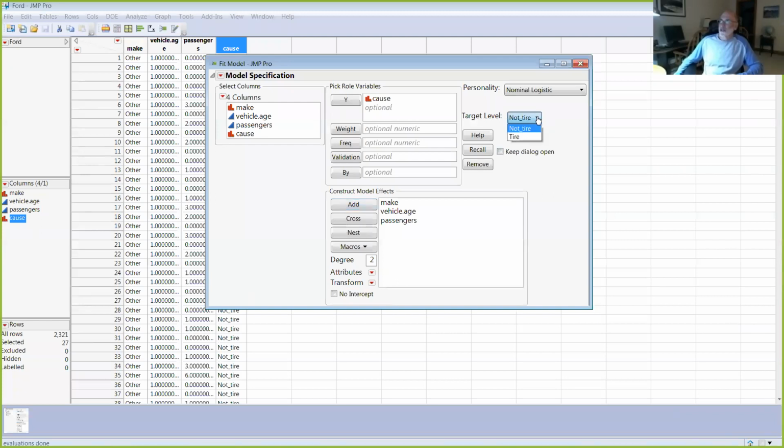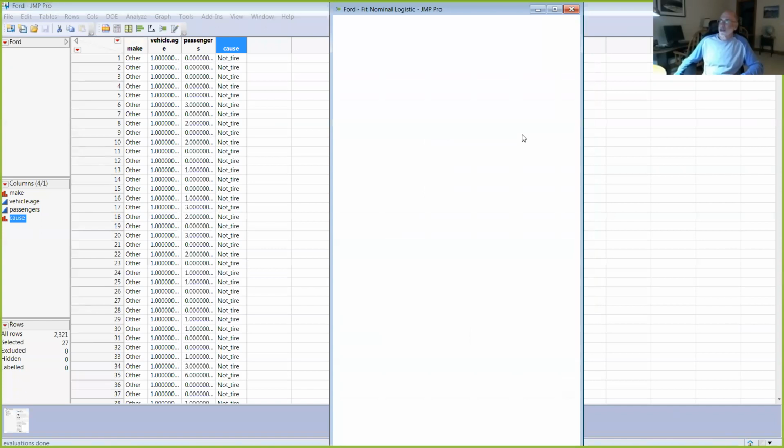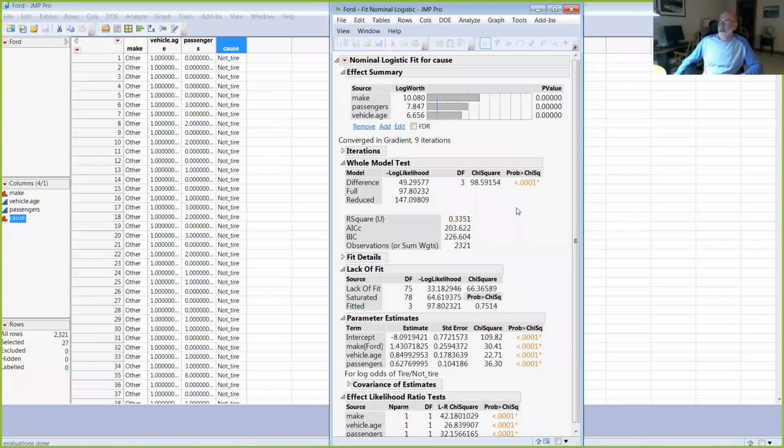And actually, let's change the target to tire related. That should make it a little easier to interpret, because now you see the logarithm of tire versus non-tire. All three variables are statistically significant. They all have positive signs. So if it's a Ford, it is more likely to be tire related.